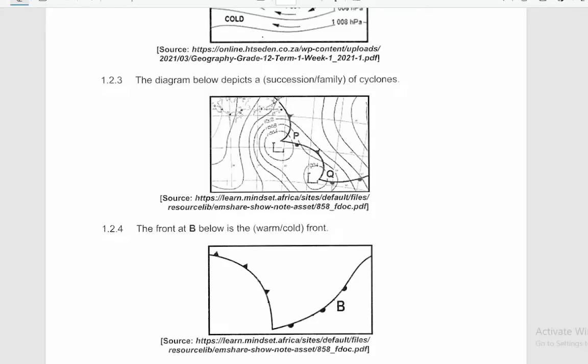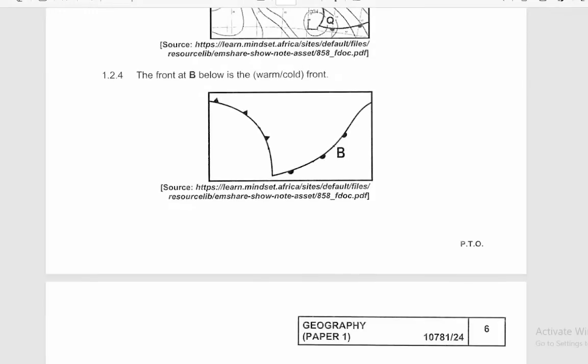The next question is talking about the mid-latitude cyclone again. Mid-latitude cyclones, you've got two fronts. We have a cold front and a warm front. Maybe to make it clear, a cold front, we are looking at a situation whereby we have cold air advancing towards warm air. If we have a body of cold air which is pushing towards warm air, that is what we call a cold front.